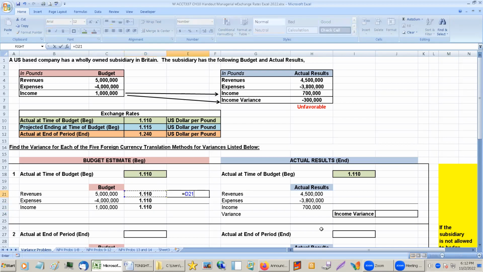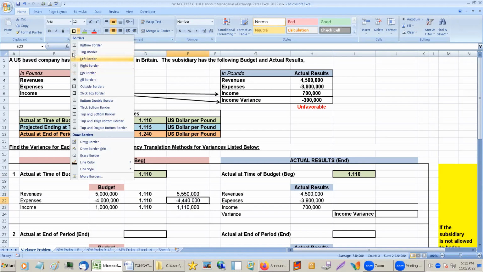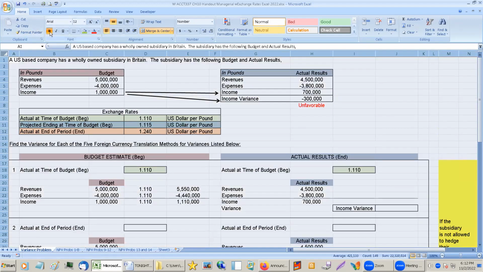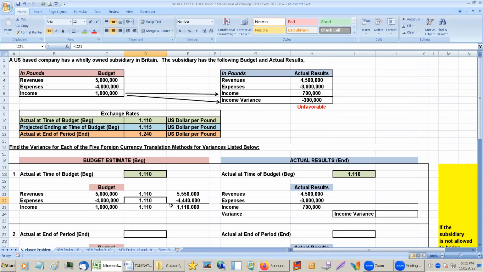We're going to multiply these out. So this is what our budget would have been. I'm going to bold everything so you can see it.